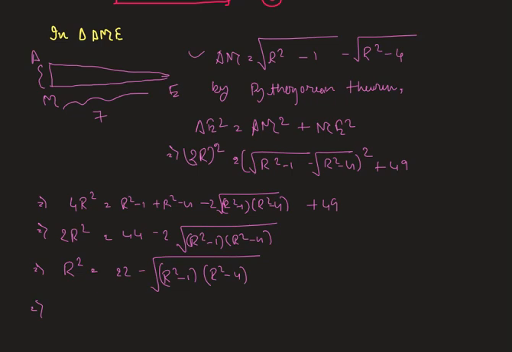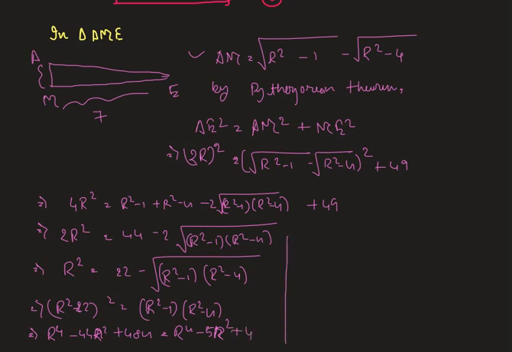After squaring both sides, we get r square minus 1 multiplied by r square minus 4, and on the left side we get r square minus 22 whole square, which is r to the power 4 minus 44 r square plus 484, equal to r to the power 4 minus 5 r square plus 4.